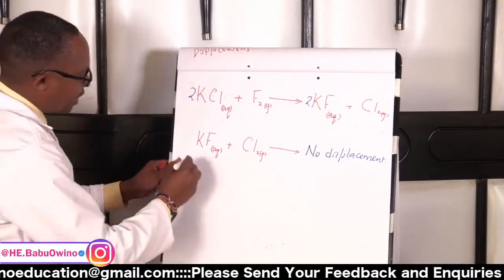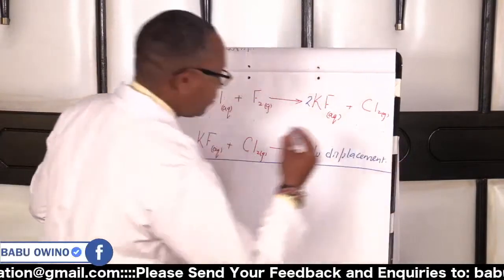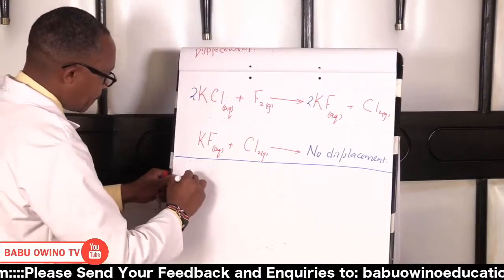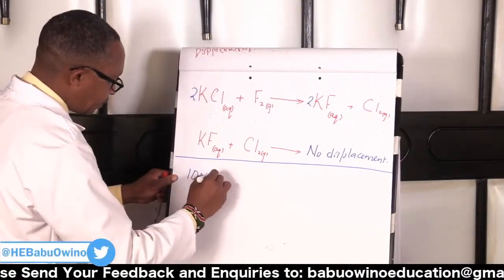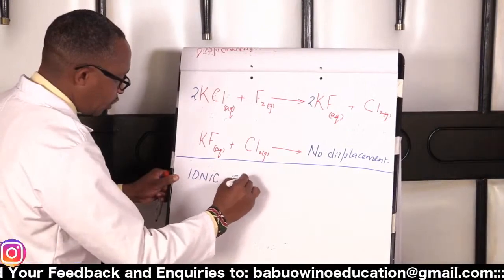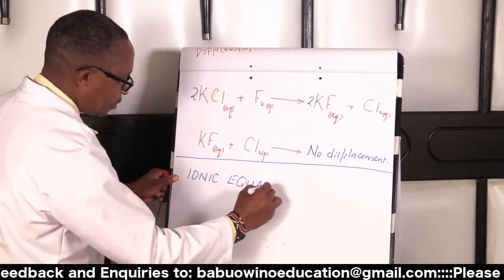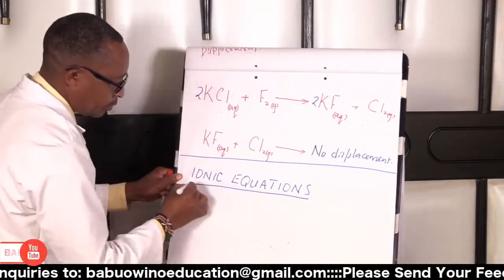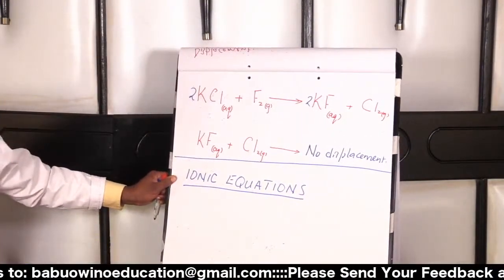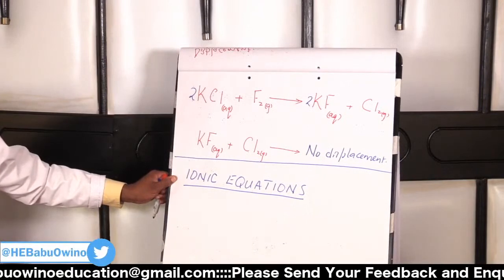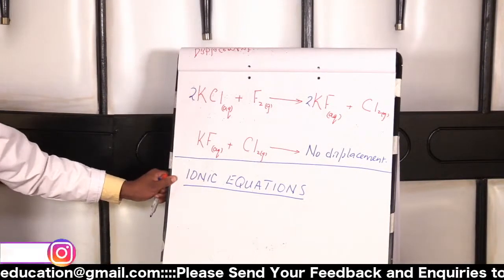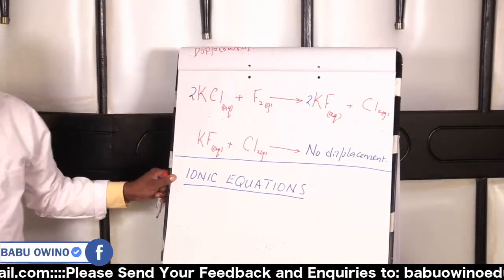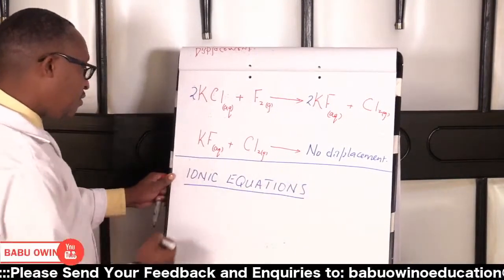Now from there, after you have finished with this stuff, we move to something we are calling ionic equations. With ionic equations, we have very many.